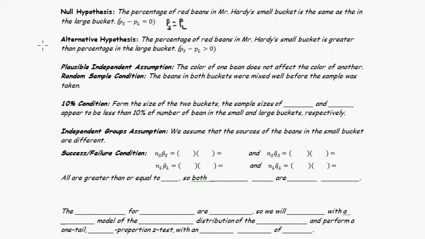And then what we want to prove is always in the alternative. So the percentage of red beans in Mr. Hardy's small bucket is greater than the percentage in the large bucket. So here we say P subscript S minus P subscript L is greater than 0. So those are our hypotheses.